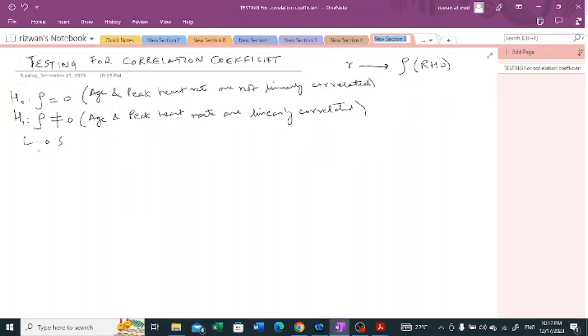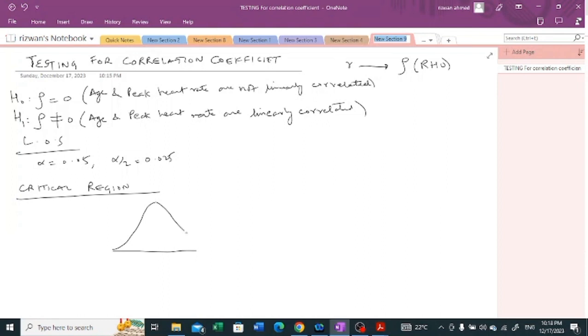Level of significance is alpha equals 0.05. Alpha we need to divide by 2 because this is a two-tailed test. Critical region: since we are dealing with the same question, same data, that gives us the same 8 degrees of freedom, as n minus 2 or 10 minus 2, with the same 0.025 significance level.